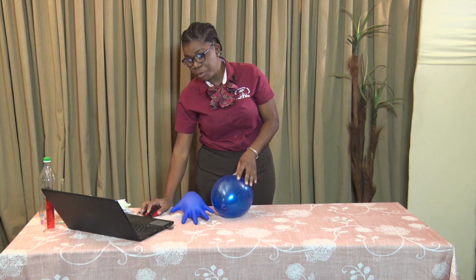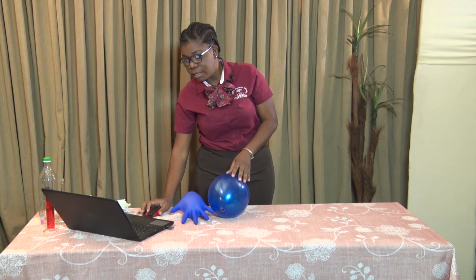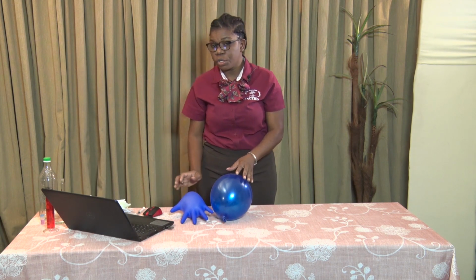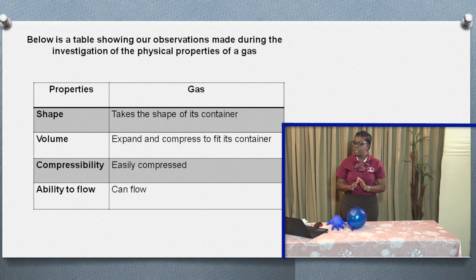So here we have summarized the results of our investigation concerning gases. Shape is not fixed. Volume is not fixed. They fill the size of their containers. Compressibility, it means they can be easily compressed.